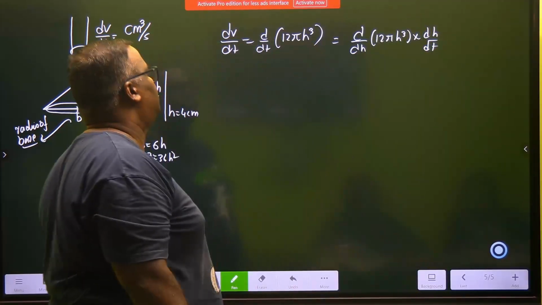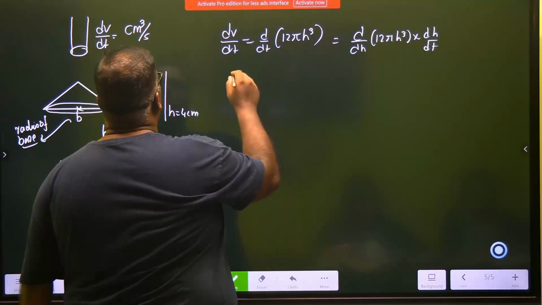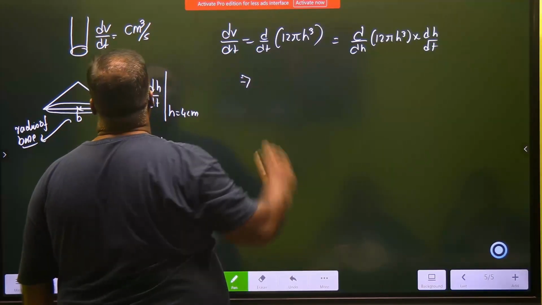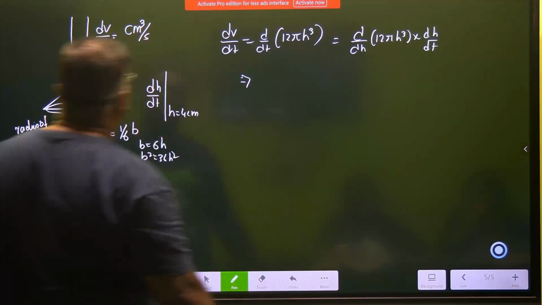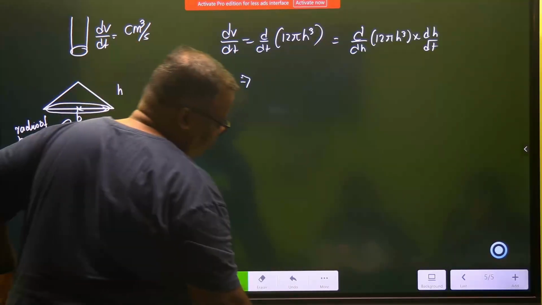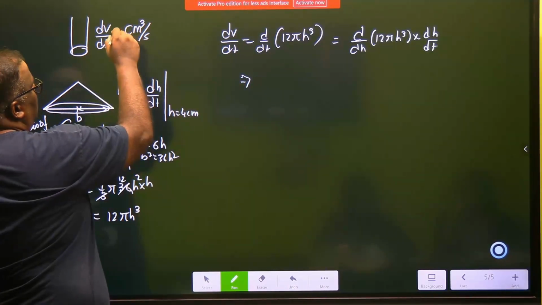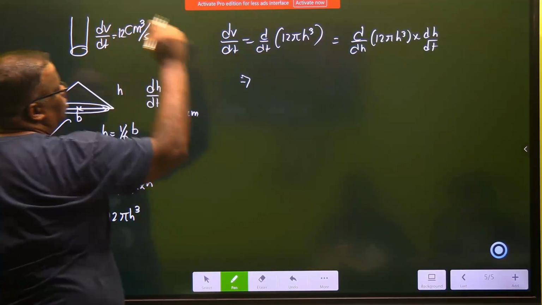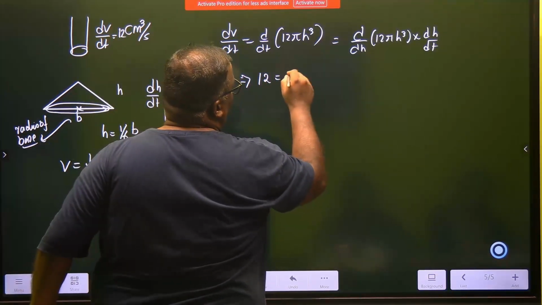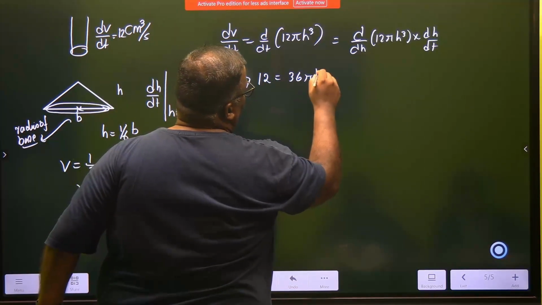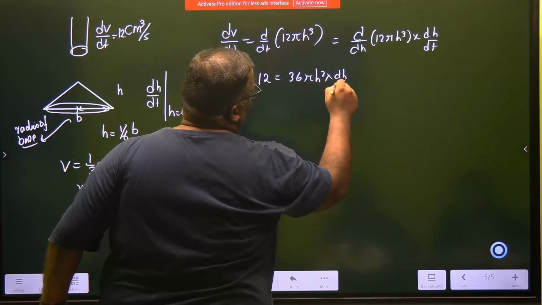That's it. dV/dt, they have already told you. What is dV/dt? How many centimeter cube per second? Sand is falling at the rate of, initially they told you, right, 12 centimeter cube per second. So 12 is equal to 36 pi h square into dh/dt.